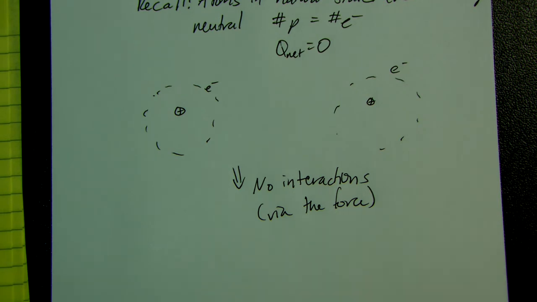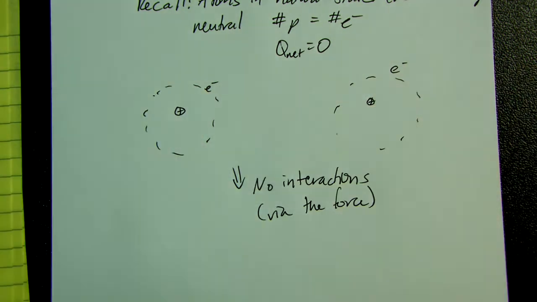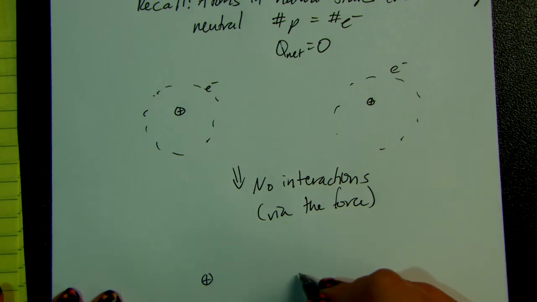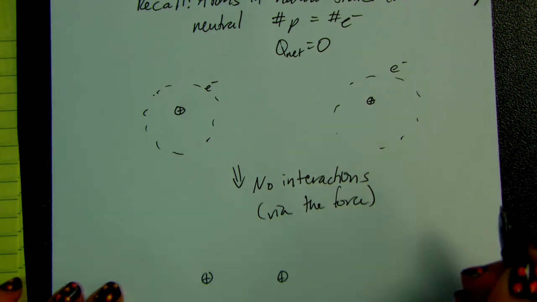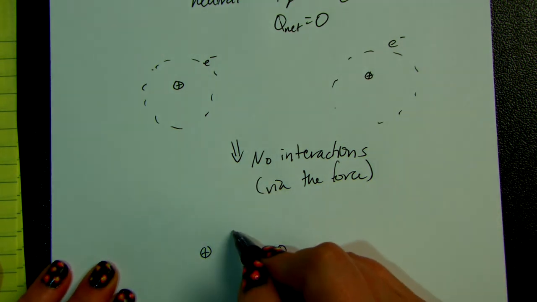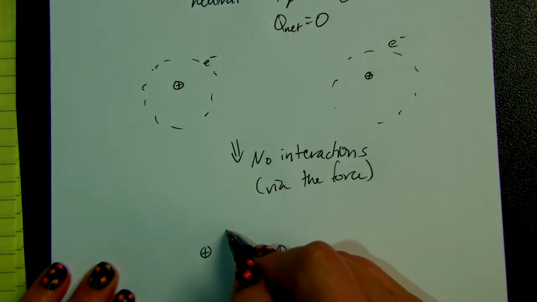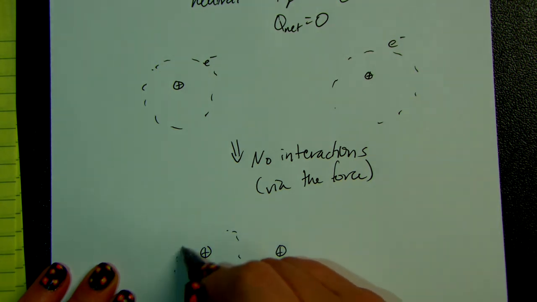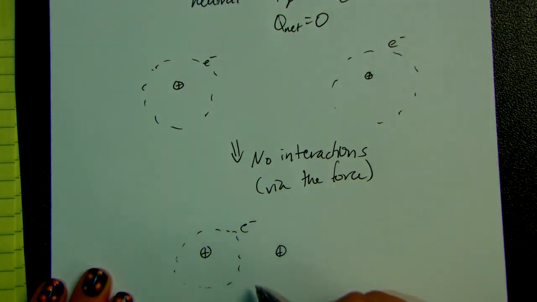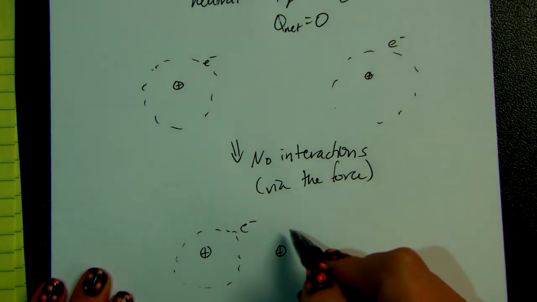However, if you start to bring these two atoms closer together, something interesting happens. So now we've got these two nuclei. We've brought them closer together, and they've brought with them their electron clouds. So this electron cloud here is going to be like, hey, I see a positive particle right over here, and it's going to distort and try to get closer.